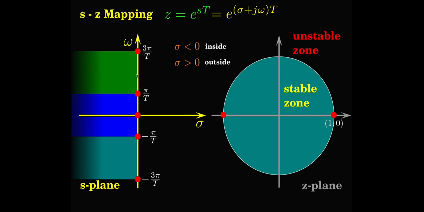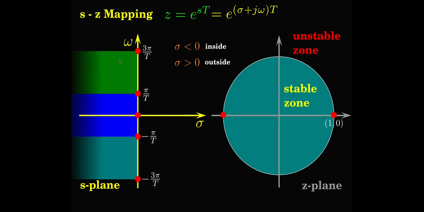From there on, pi by t to 3 pi by t is another clone which has occurred due to sampling. That also will fall into another unit circle disk. 3 pi by t to 5 pi by t fall into another disk. Like that on the other side of the omega axis also.